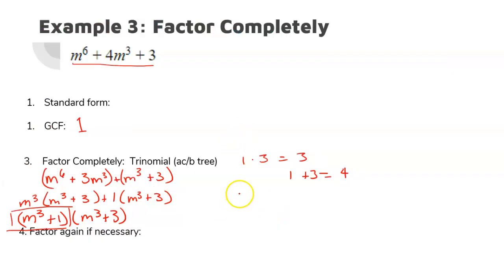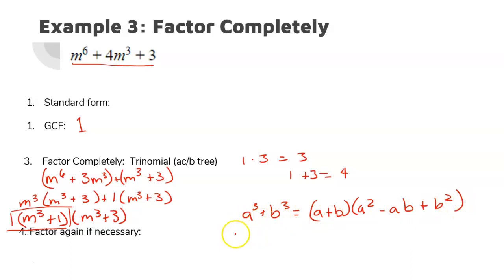Our sum of perfect cubes, a to the third plus b to the third, is equal to a plus b times a squared minus a times b plus b squared. And now I'm going to just plug in my values here.